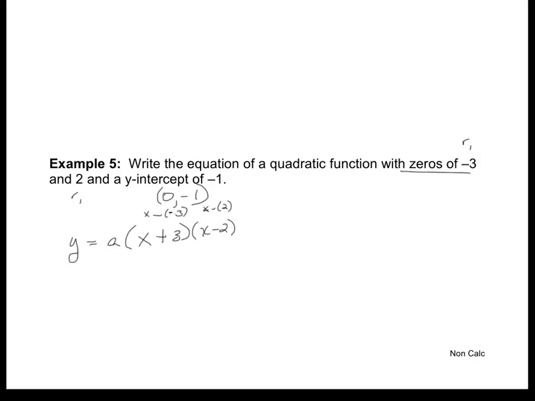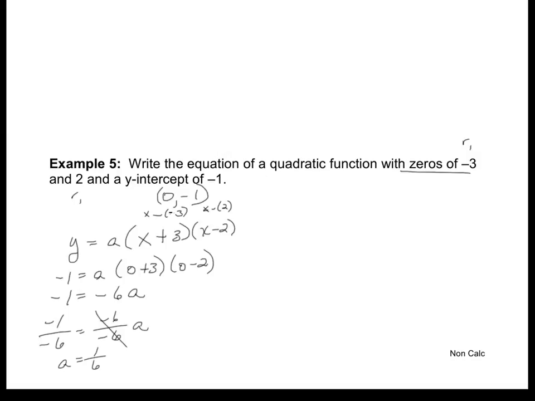All right, use the point to replace our x and y. So we have negative 1 equals a times 0 plus 3 times 0 minus 2, which is negative 6a. So that's negative 1 over negative 6, which is going to end up being positive 1/6 for a.